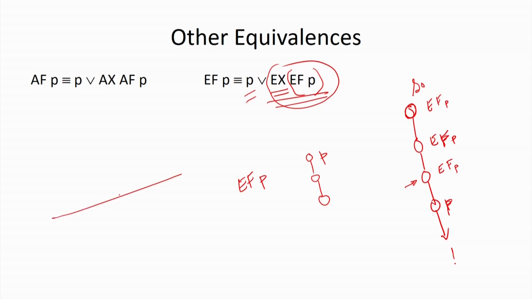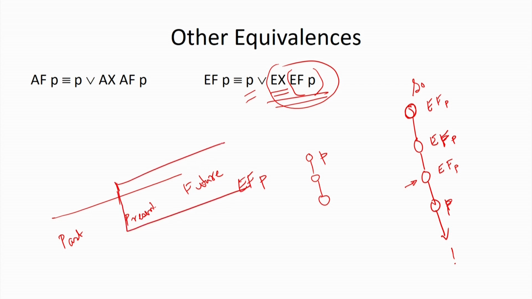We are saying that the future includes the present. So, we have a timeline. If this is the present, then in this direction I get the past and in this direction I get the future. So, when we consider the future behavior, it includes the present also.